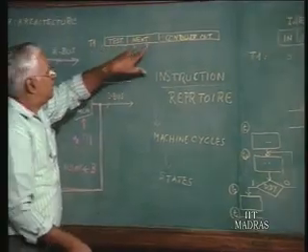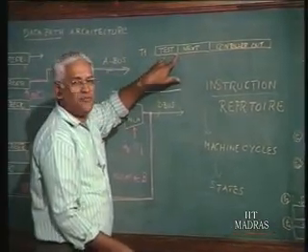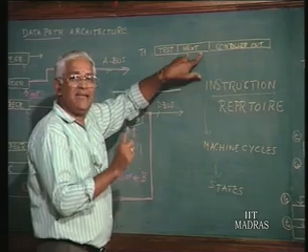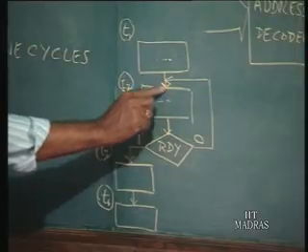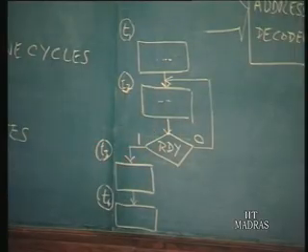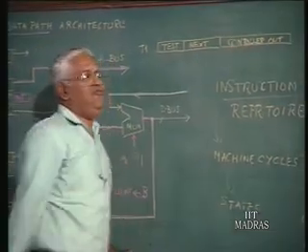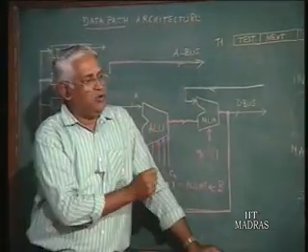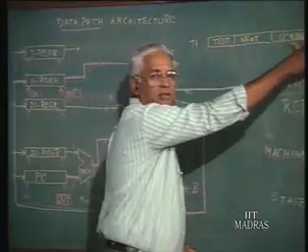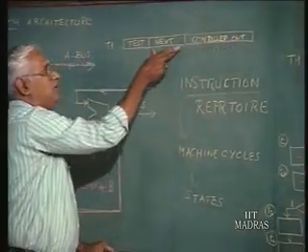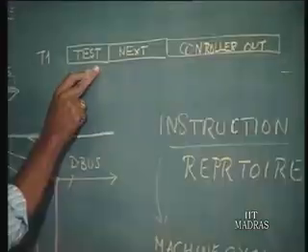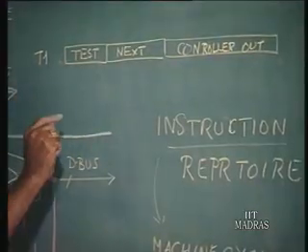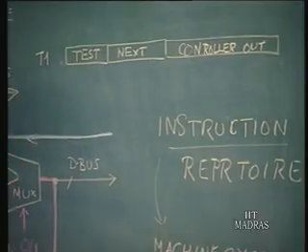Then it also says, depending on the condition of that, what must be the next state. For instance, in the case of this T2 state, the next state is T2 or T3 depending on that particular input. So there are essentially 3 fields of the micro word. One is the output field and one is the next field and another is the test field. The test field essentially is telling what are the inputs to be tested for that given state.